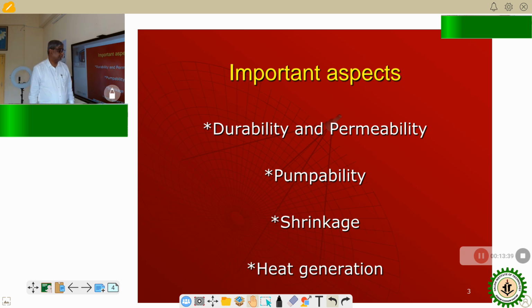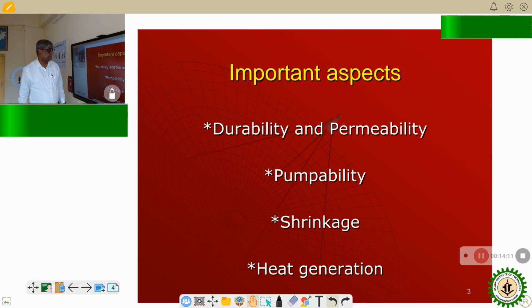So you have to be very careful, because unless you control shrinkage, it's a part of your durability. Because if there are shrinkage cracks, that means again there will be moisture ingress, again the reinforcement inside the concrete will be corroded, and as a result, your objective is destroyed, that you want a very good RCC structure.